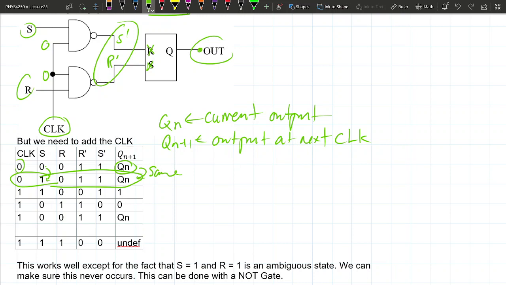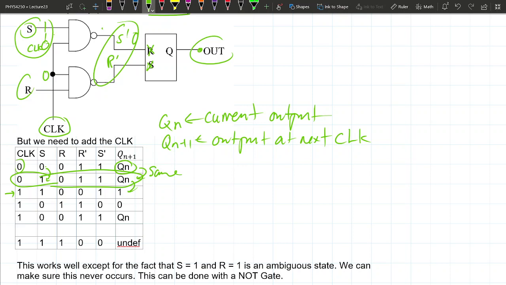So let's say now the clock pulse comes in. The clock goes high. Now this input is 1, 0 instead of 0, 1, and this flips this from 1 to 0. Now that that went from 1 to 0, the output of the RS flip-flop can now be changed.